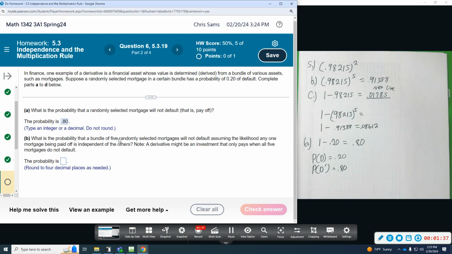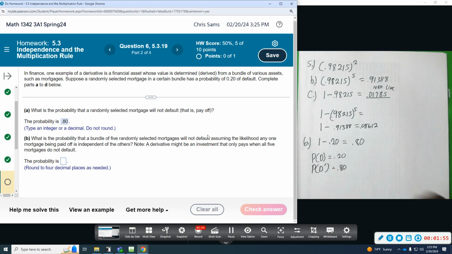B says we got 5 randomly selected, will not default, assuming any one being paid off is independent of the others. So what is the probability that a bundle of 5 mortgages will not default? We want all 5 of them to not default.